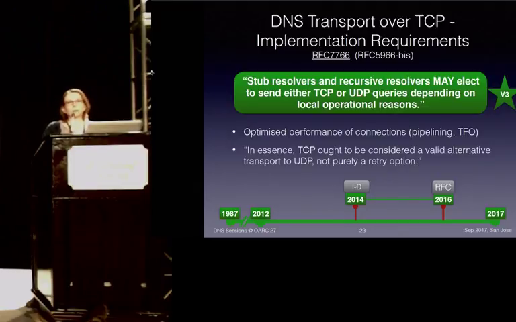One of the reasons it could make that statement is this went much further than 5966 in going into the nitty-gritty of how you do TCP as performantly as you possibly can to try and bring it on a par with UDP. So it's using TCP fast open, pipelining queries, requiring servers to process queries they receive over TCP concurrently, do everything as fast as you can there.